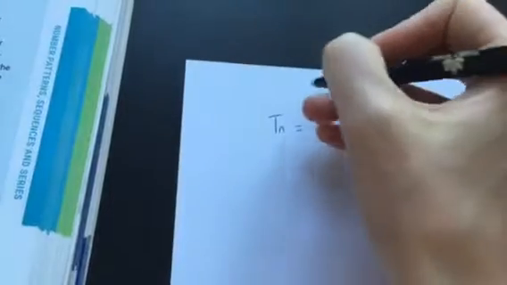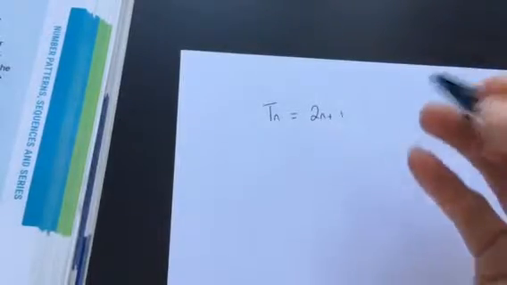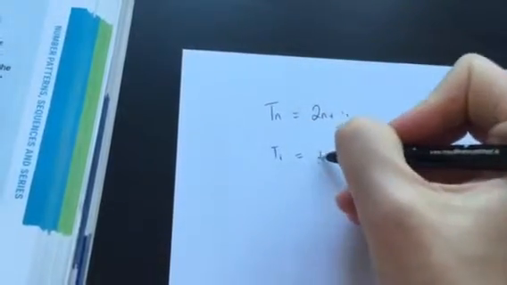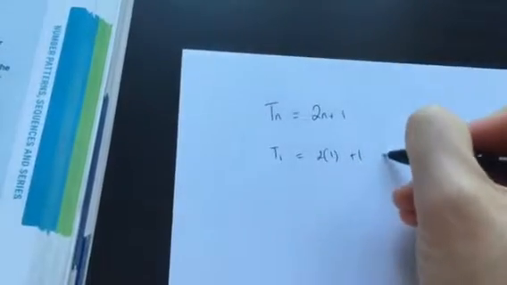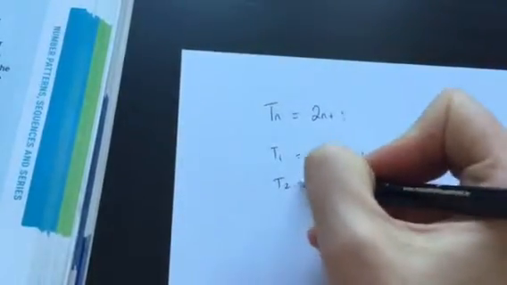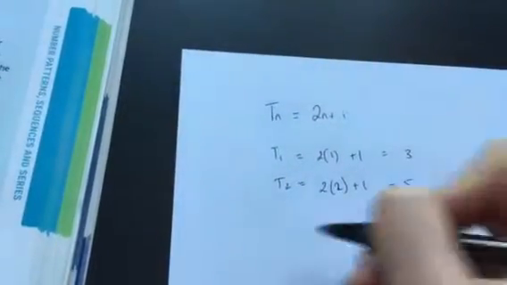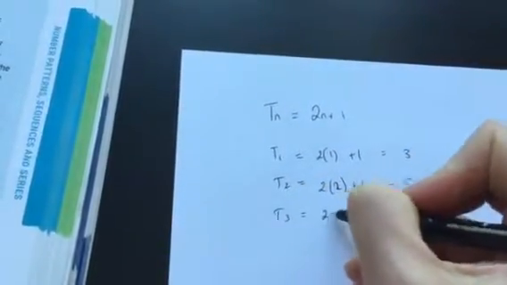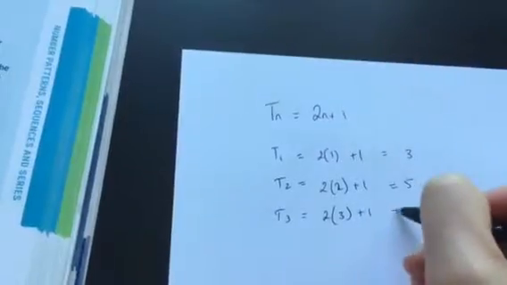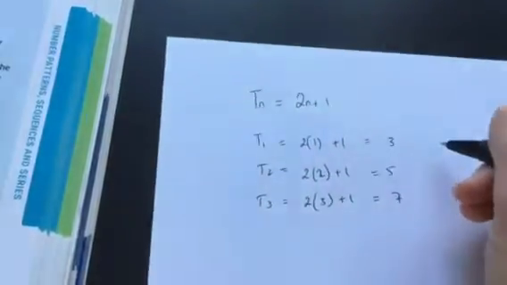So what is the point in having the general term? So beyond the general term is 2n plus 1. Well, you can find any term once you know the general term. So t1 gives me 3, t2 gives me 5, t3 gives me 7, and I can see that we have a linear pattern.